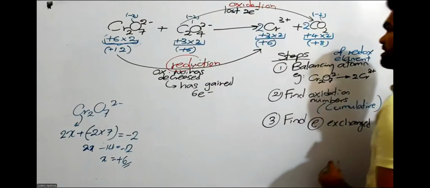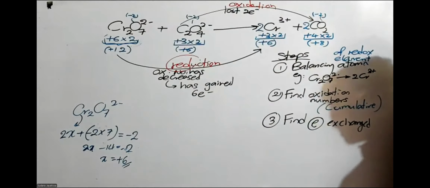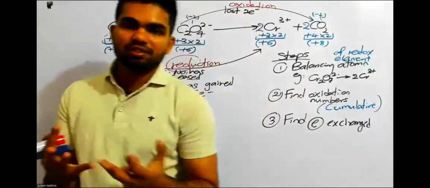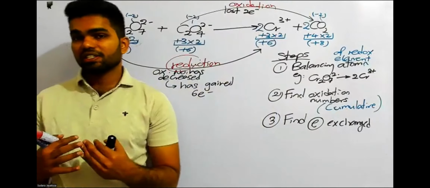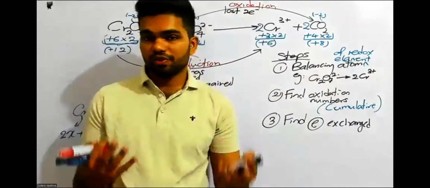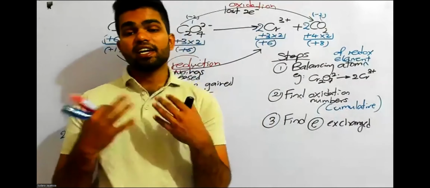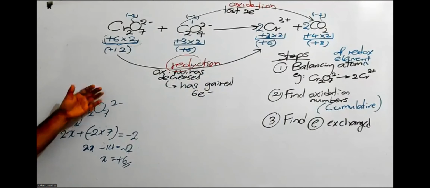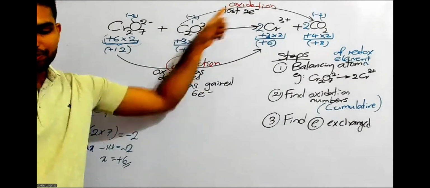Now here you can see it is gaining 6 electrons and losing 2 electrons. So it is not balanced. The principle of redox equations is when someone is gaining electrons, the other one should lose the same number of electrons. So it's an electron exchange. You can't create electrons. This one is gaining 6 electrons, but this is losing only 2.